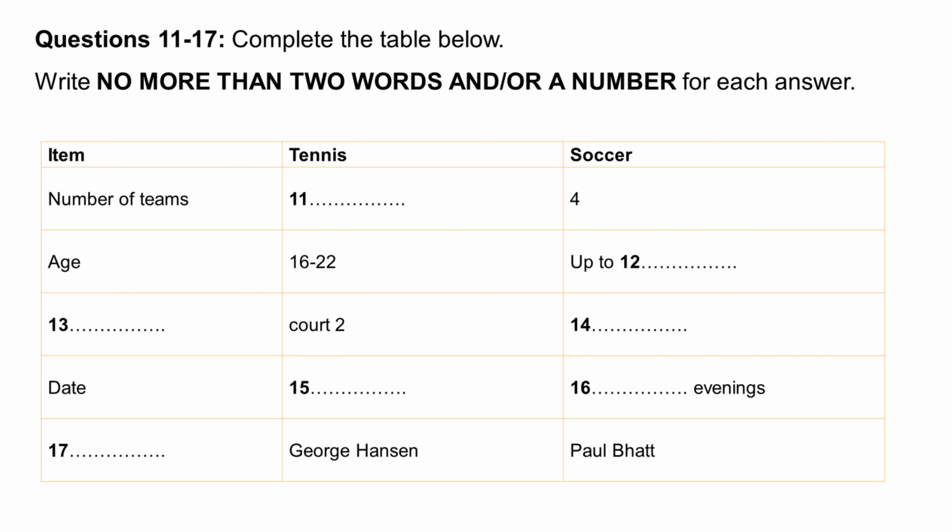Tennis matches will be arranged on Court 2 and Court 4 will hold soccer matches. Our match schedule: all tennis matches will be played on Sunday afternoons. All matches will begin at 2 o'clock. Soccer matches in this season will be played at 7 o'clock on Saturday evenings.